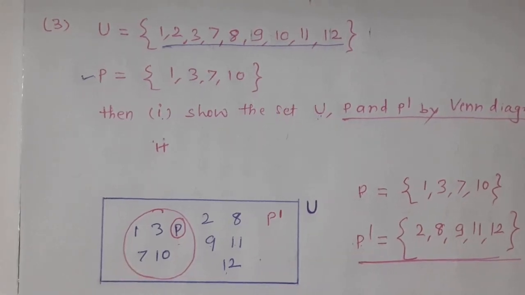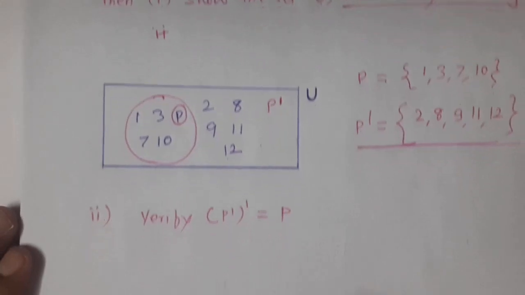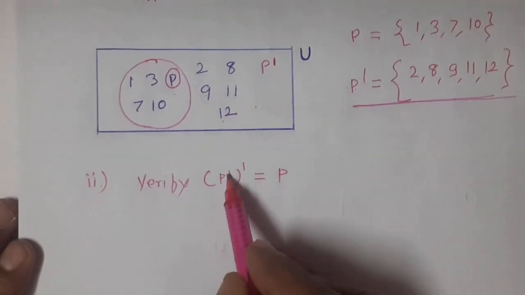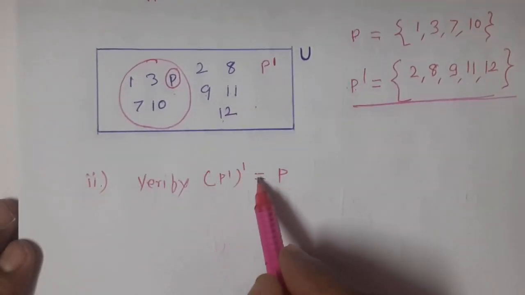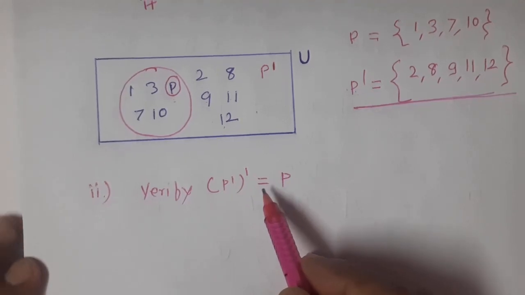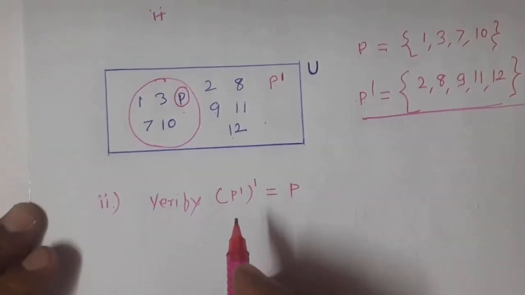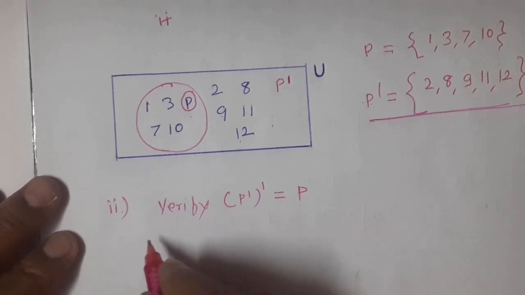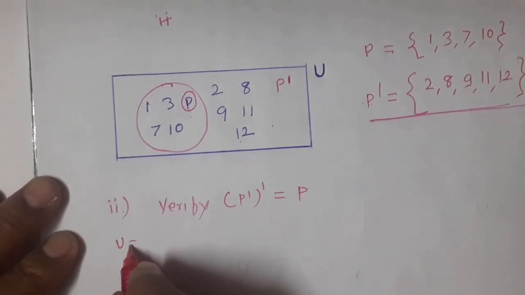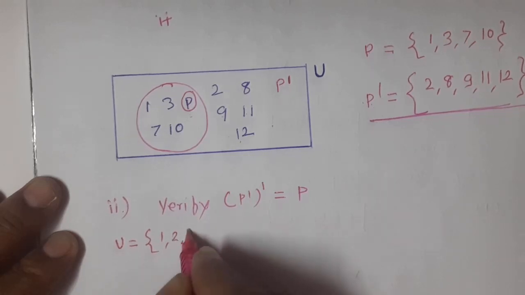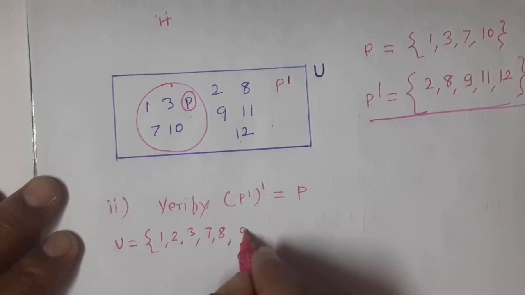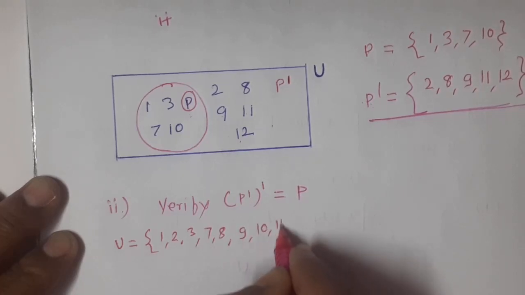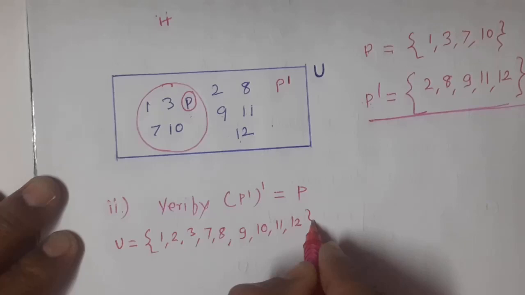Next example, we have to verify that P's complement, whole bracket complement, is equal to P. When we calculate that, first of all you have to know what the universal set is. The universal set is 1, 2, 3, 7, 8, 9, 10, 11, 12.